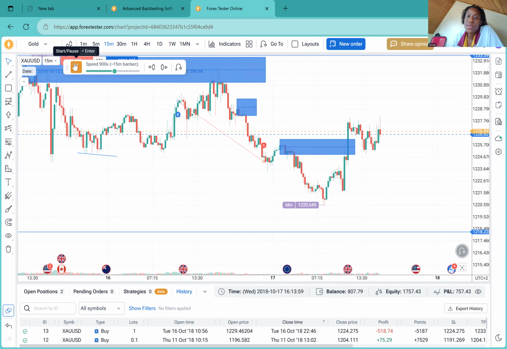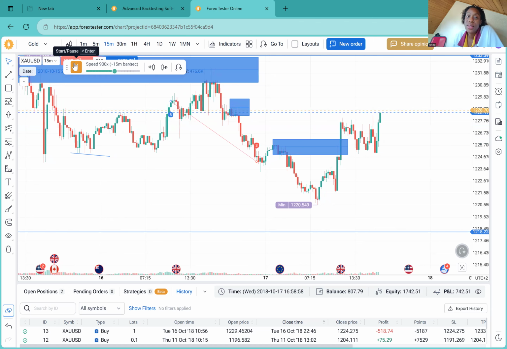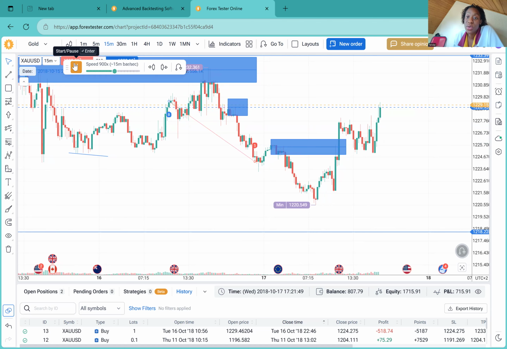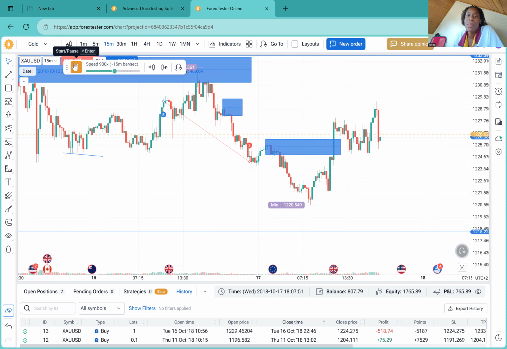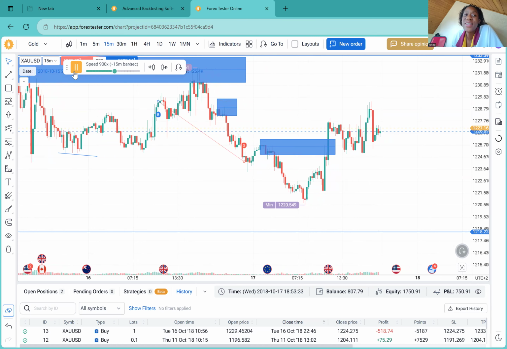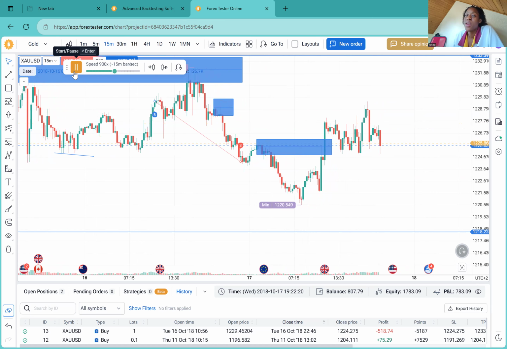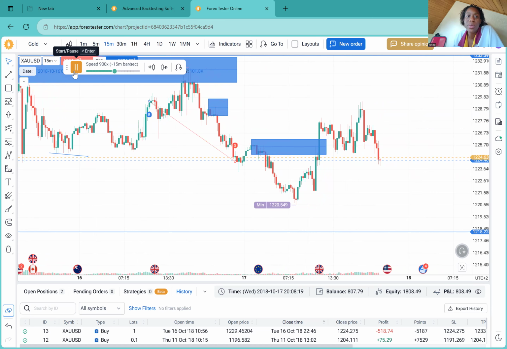Okay, so it is sort of basing on that range. Remember that range is a very powerful one. A lot of sellers are sitting there, but buyers are actually pushing the market up. So we're clearly just undecided right now. Market is completely undecided whether it's going up or down.